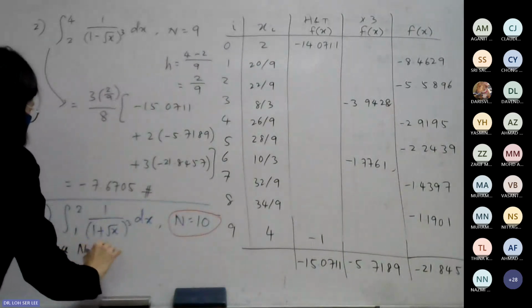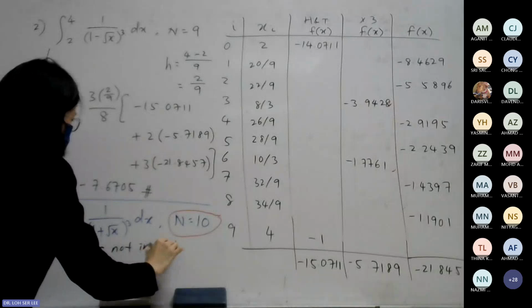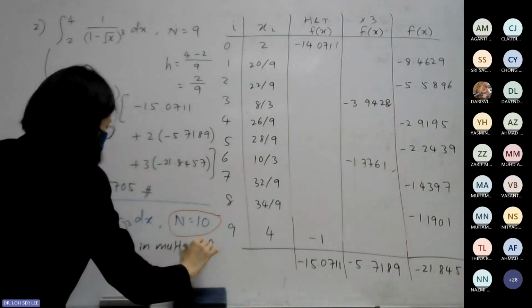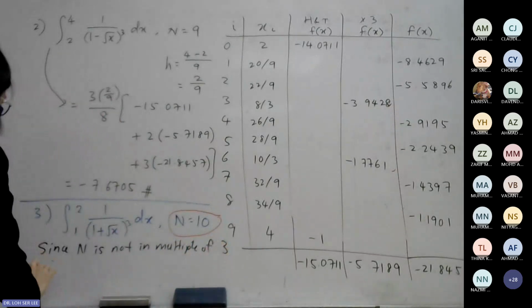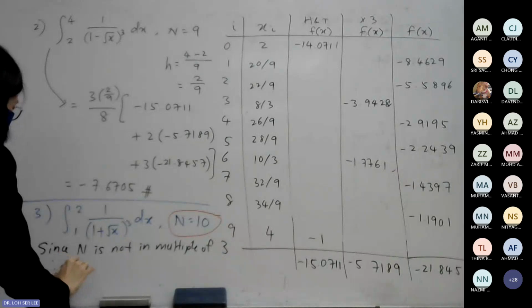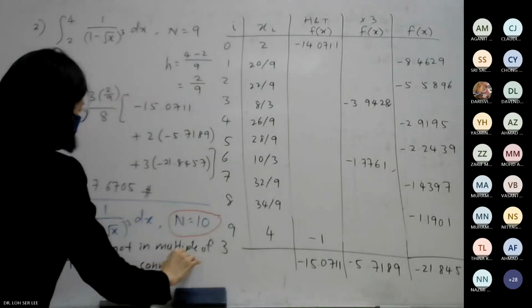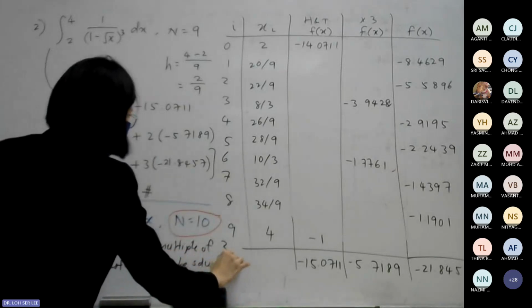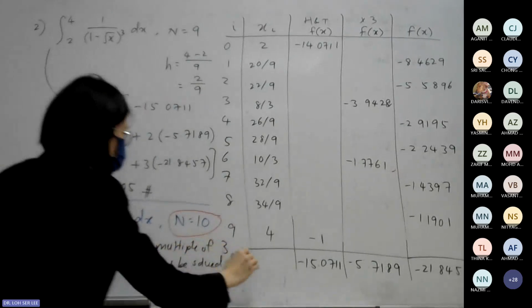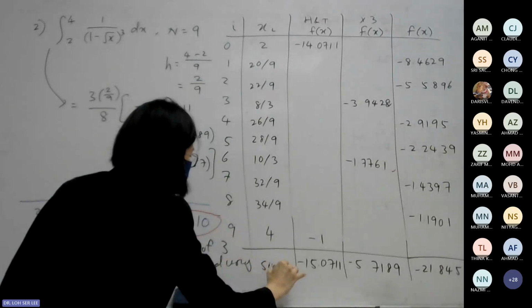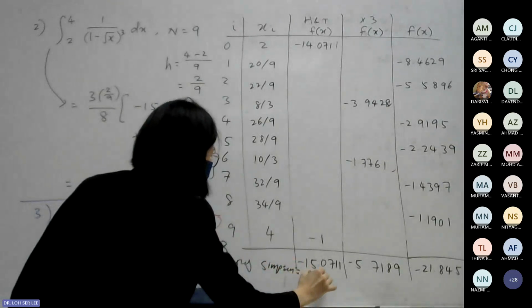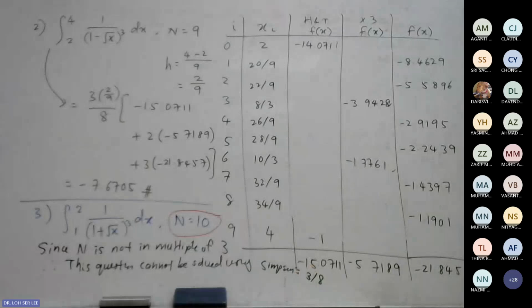Since n is not in multiple of 3, hence this question cannot be solved using Simpson's 3/8. This question will be solved using the Simpson's 3/8 approach.